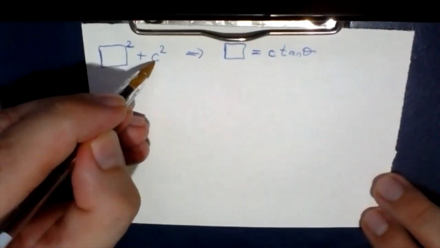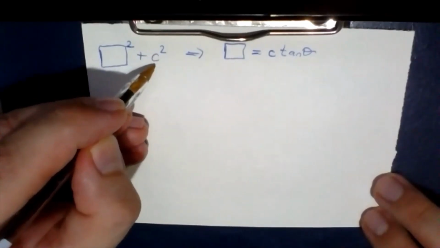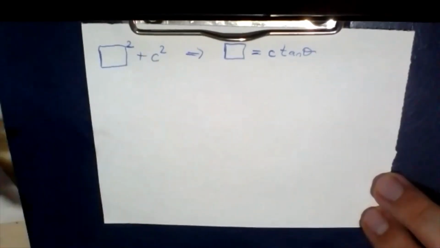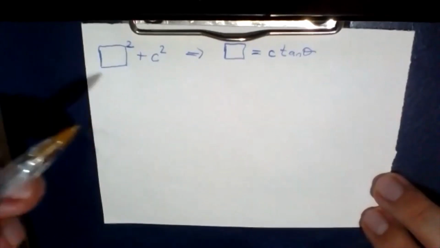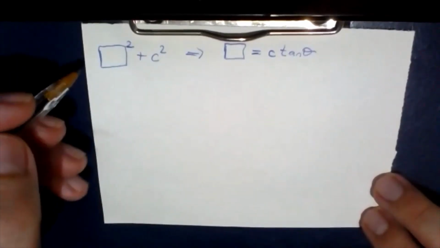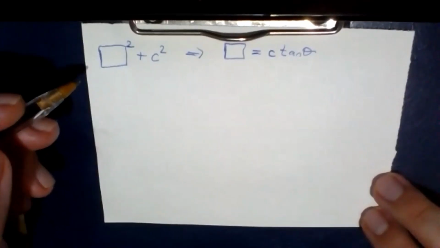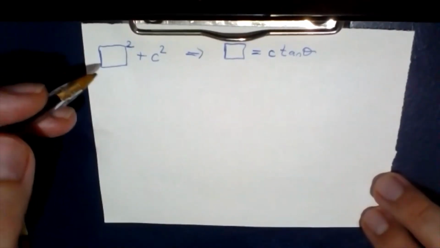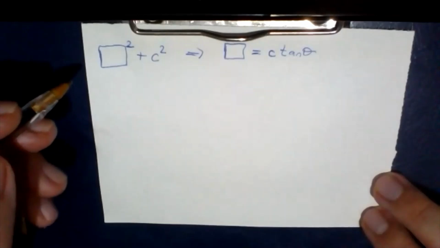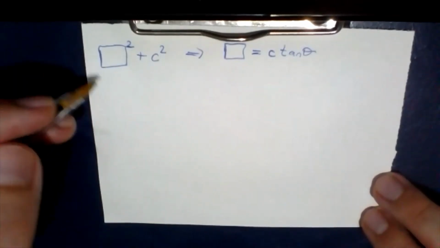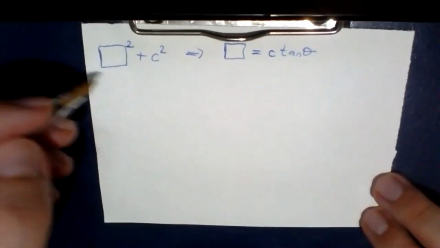By writing c, I mean a constant number. It represents any constant number such as 2, 3, 6, 5, like that. And for box, I mean a function of x. Maybe it can be x or 2x or 3x or x minus 2, something like that.